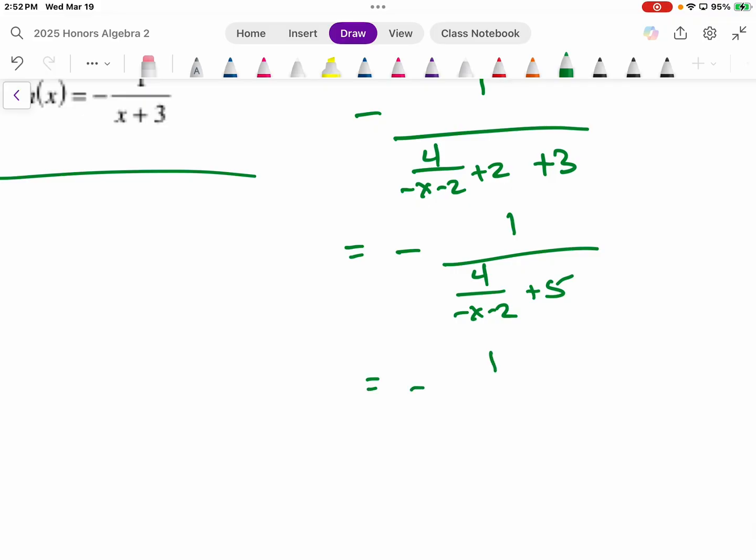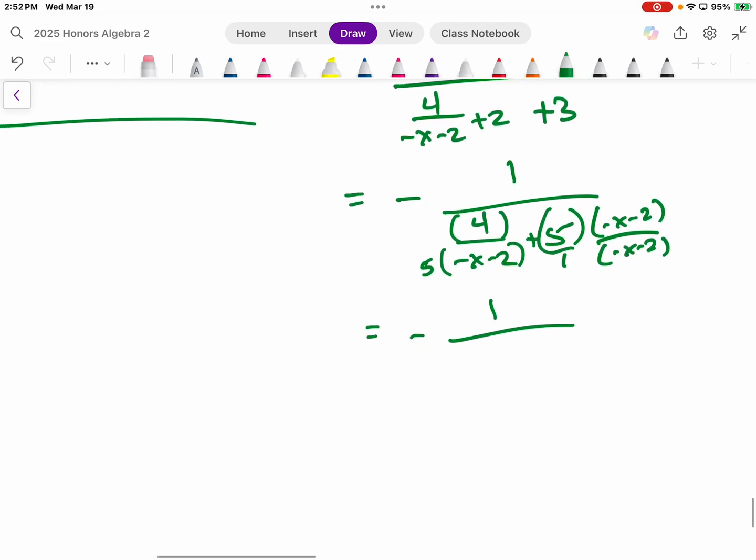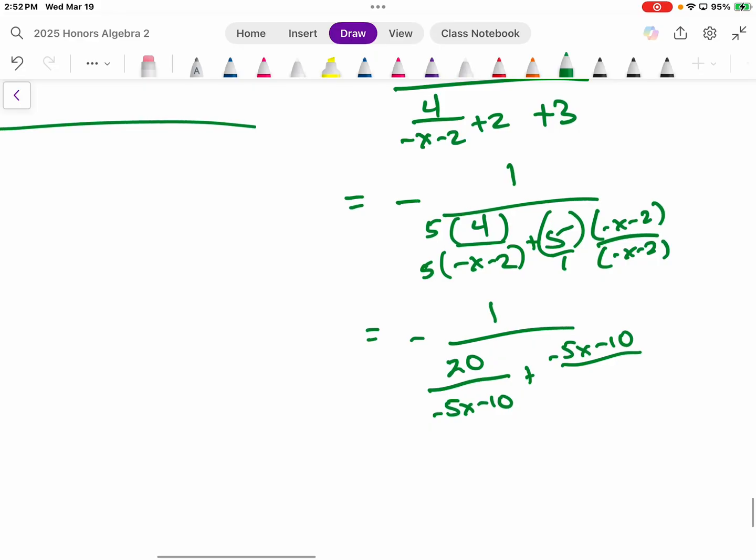And then now, let's see, Mr. Stevens, negative 1 over, I would have to basically multiply this top and bottom by 5, and then put this over 1 and multiply it top and bottom by negative x minus 2. And then that would give me 20 over negative 5x minus 10, and then we have plus negative 5x minus 10 over... I didn't have to do the 5 there.